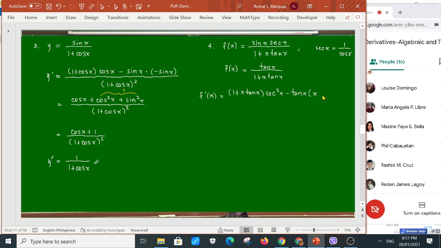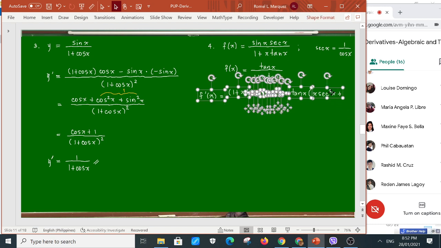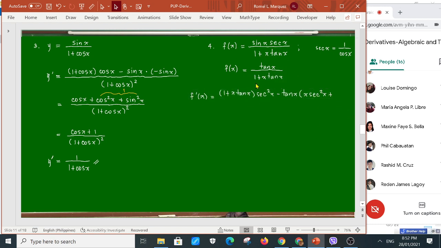The first times the derivative of the second, secant squared x, plus the second, tangent x, times the derivative of the first, the derivative of x, which is 1.